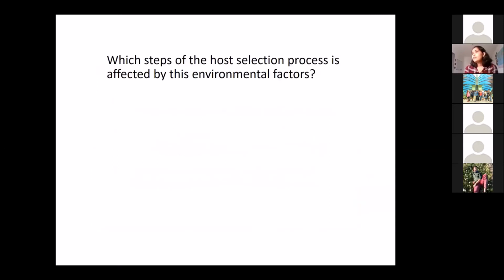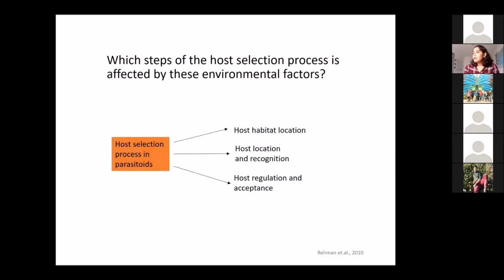Then I asked myself, okay, which steps of the host selection process are affected by these environmental factors? Host selection in parasitoids is a complex process. Once a wasp emerges out of the host, the habitat that she emerged from might or might not contain a suitable host that she could parasitize.